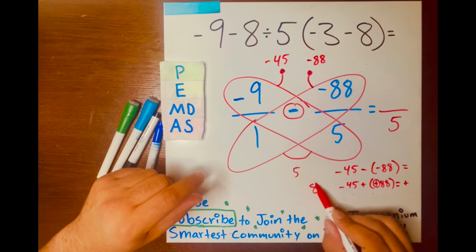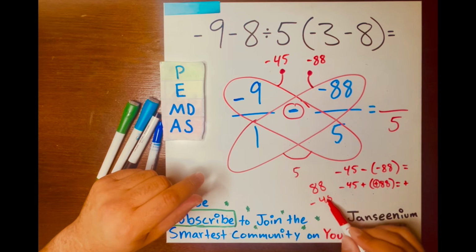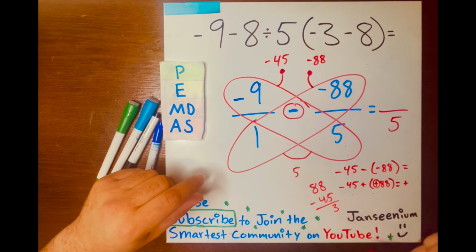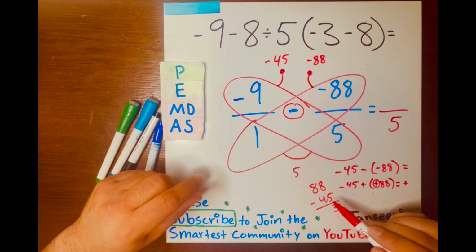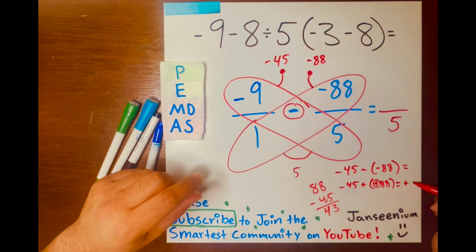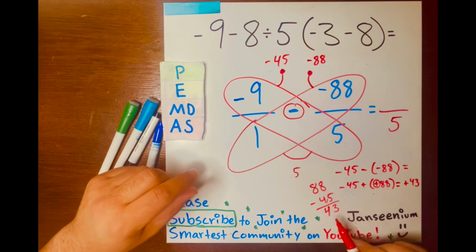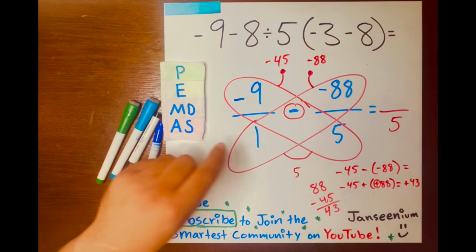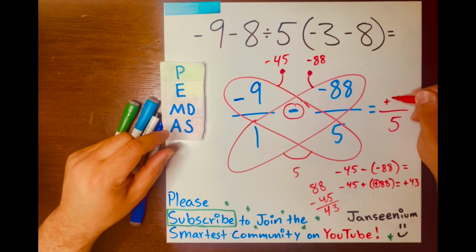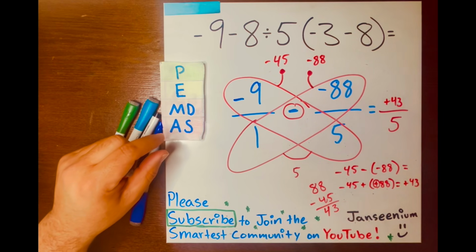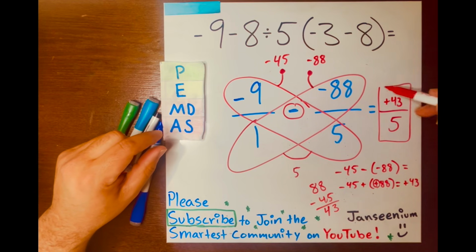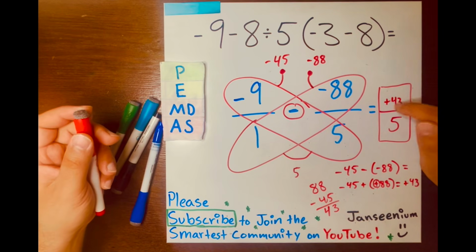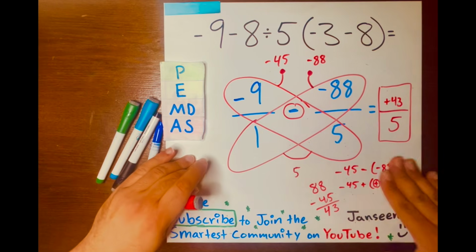So 88 minus 45: 8 minus 5 is 3, 8 minus 4 is 4, and it's positive 43. And so your numerator is positive 43. And that's your improper fraction answer. 43 over 5 is your answer.